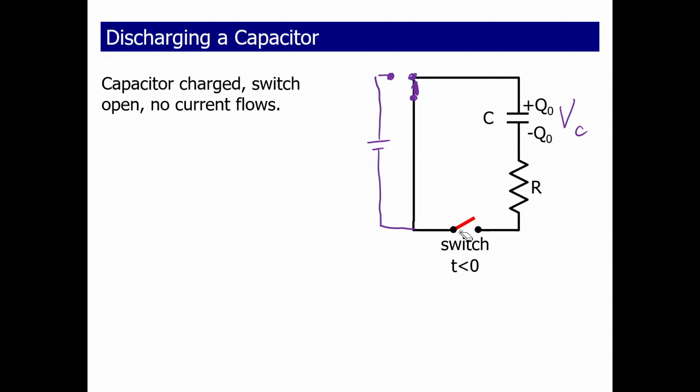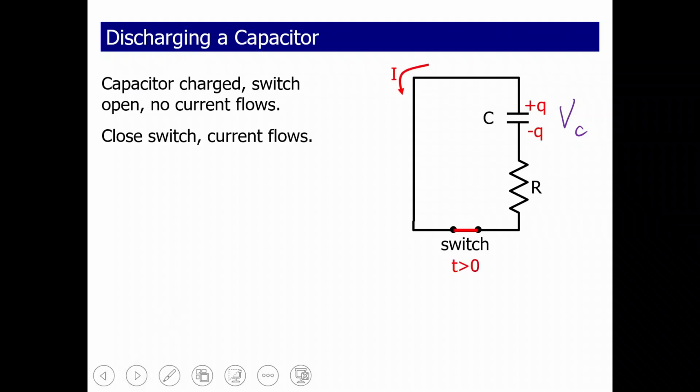So we are going to assume that our capacitor actually starts off fully charged when we do the discharging. While the switch is open, or it's in another position, you're not going to have current flowing. Or if the capacitor is fully charged and the battery is in there, you don't have any current flowing. And then you're going to make a change that's going to allow current to flow.